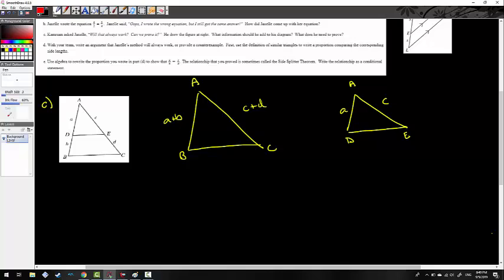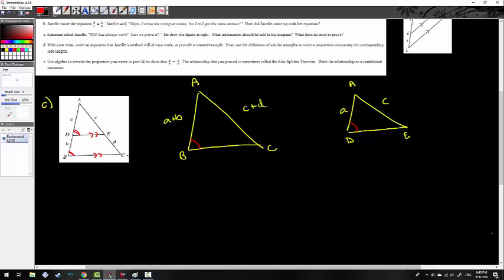Hopefully it makes sense that because the triangles are in fact similar, that means that the angles will all be congruent, right? And so what we can establish here is that angle B should be congruent to angle D because they're corresponding angles. And what we learned in class yesterday is that because these corresponding angles are congruent, we can then say that DE and BC are parallel to each other.